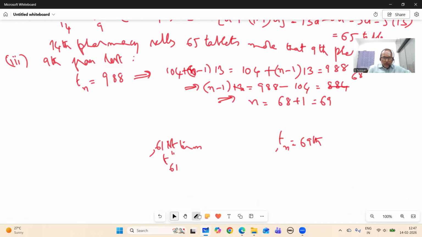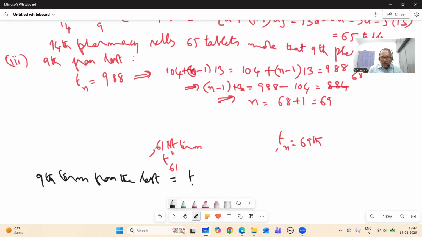So the ninth term from the last, the end, will be T61.